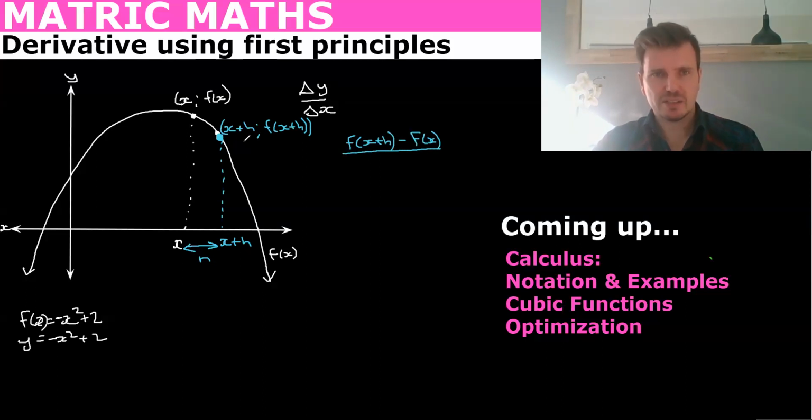And my change in x is just going to be the x plus h, which is the first x value, minus the other x value, which is x. And so when he simplified that down, he said, well, I would get f of x plus h minus f of x over x minus x is x, and that's just h.